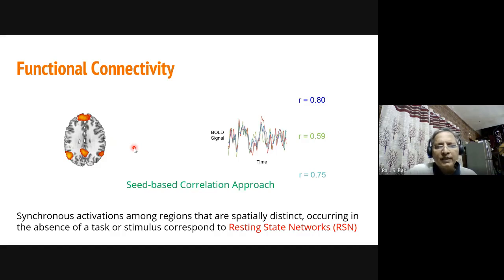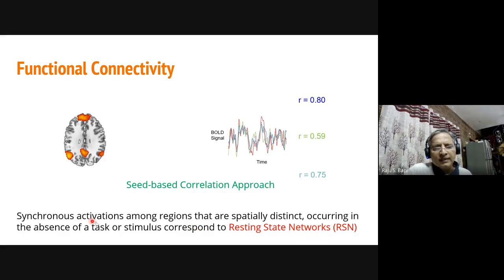Instead of this roughly model-based approach to look at these different regions that are cooperating among themselves, you can also extract, using model-free methods like ICA, independent component analysis, the spatially distinct networks which are correlated together, right? There are several approaches to get to these resting state so-called networks.